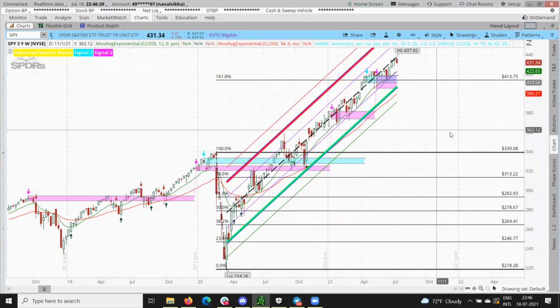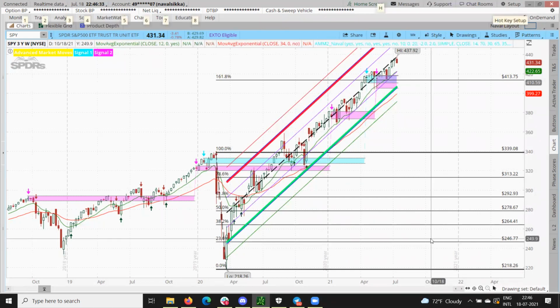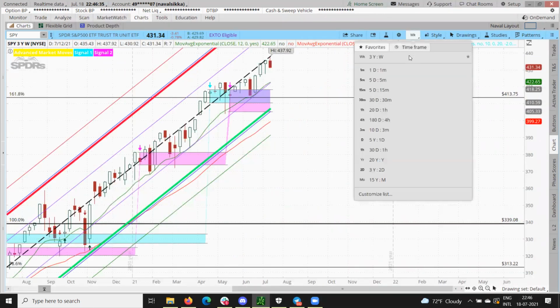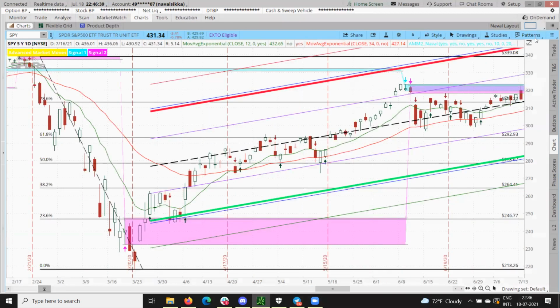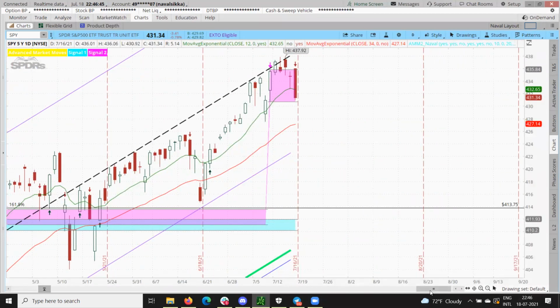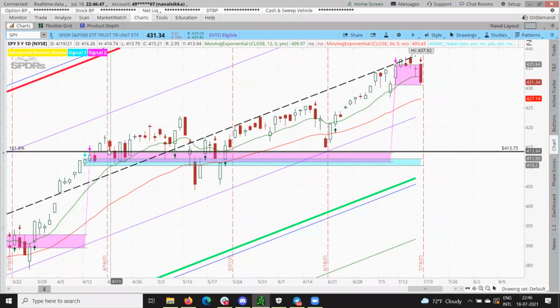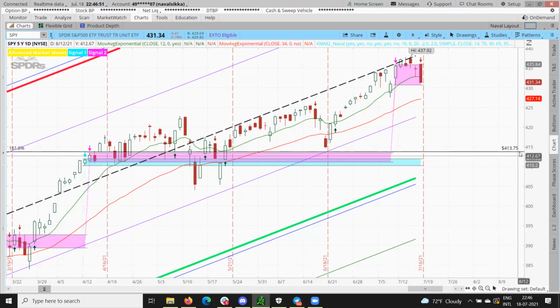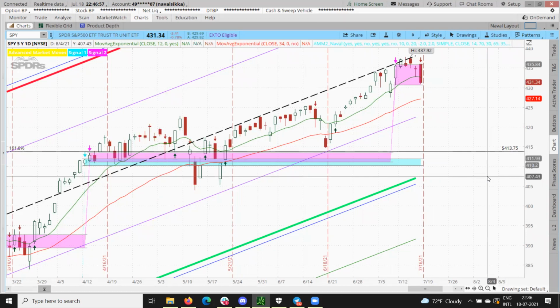Now, if you remember, when we were talking in the past, let me go to the daily charts and do the auto alignment right there. Remember, did you find the market getting a base around 413, meaning the SPY was around 4150 for ES?